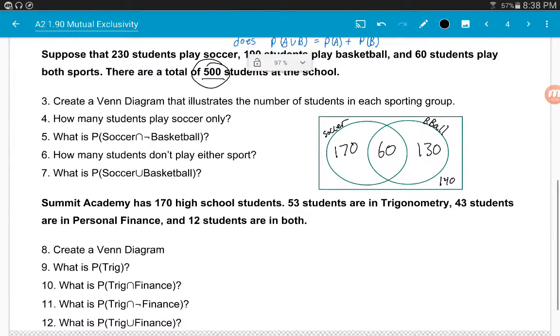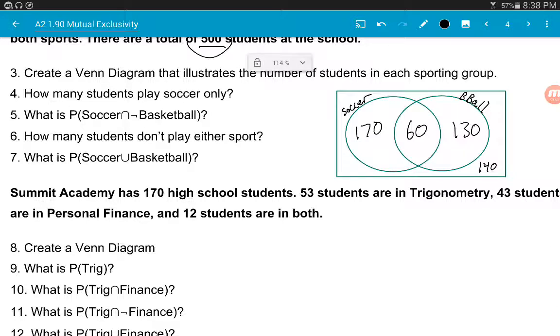Now we'll use those to answer a few questions. How many students play soccer only? 170. What is the probability of soccer and not basketball? That's what this means. So these guys play soccer and not basketball. These guys play basketball, so they don't count. They're excluded.